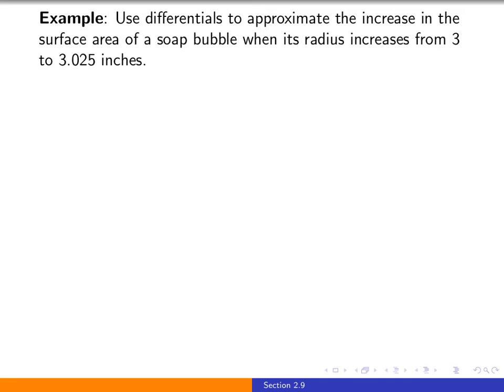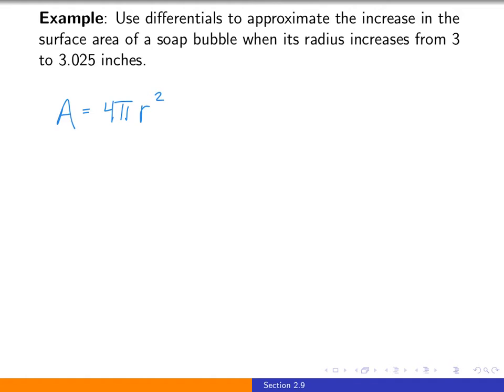So we're told to use differentials to see how the radius increases from 3 to 3.025. So first of all, let me just think, what is the surface area of the soap bubble? So I'll say it's area A, and the surface area of a sphere with radius r is 4 pi r squared.